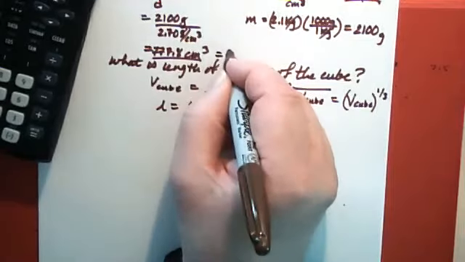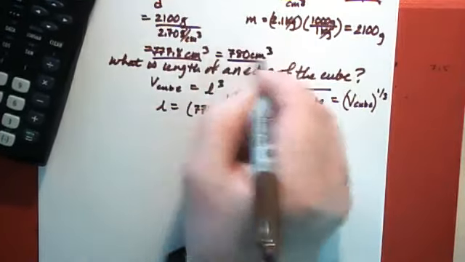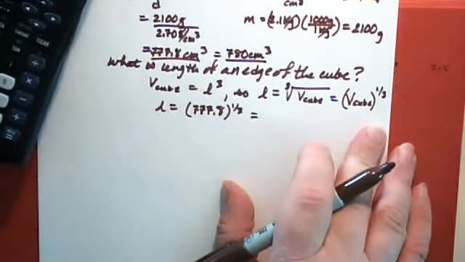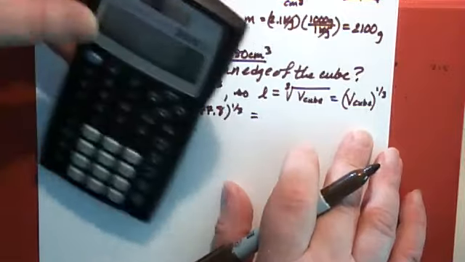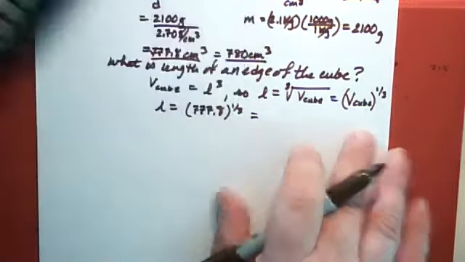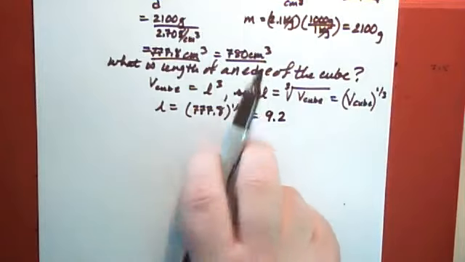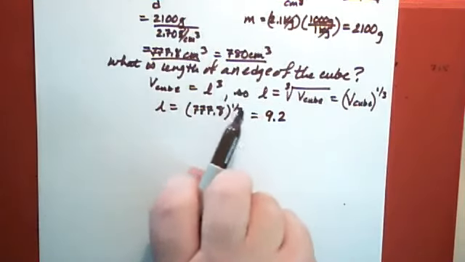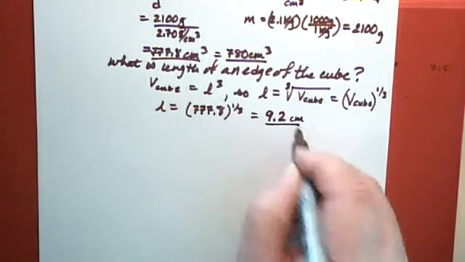The edge length would have to be rounded off to 780 with no decimal point for 2 significant figures. In this case, 9.2. And for the units, notice we had centimeters to the 3rd power, and then we took the cube root of it. So that brings it back down to centimeters.